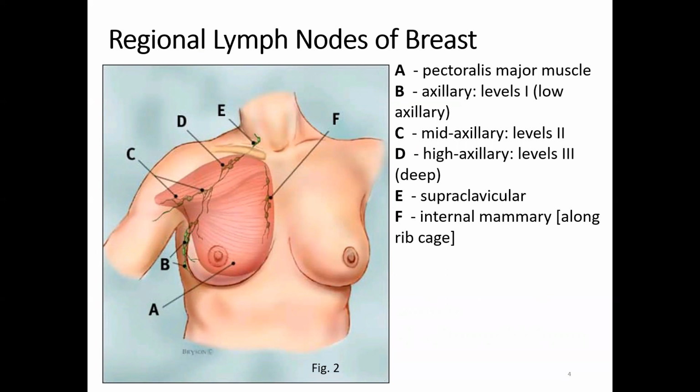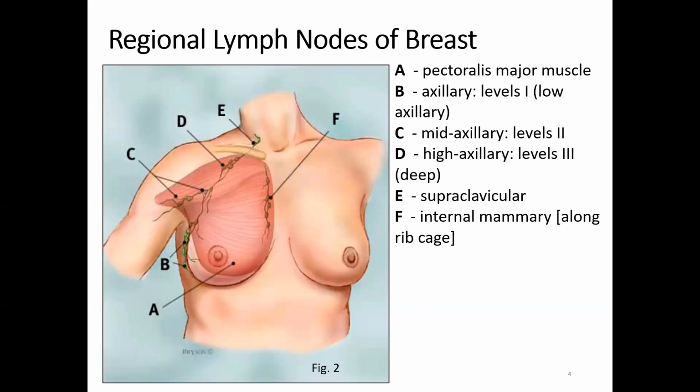And note the levels of the lymph nodes on this slide. Axillary or low axillary would be level 1. Mid-axillary would be level 2. These are the routine levels of nodes removed at dissection and coded in SSDI.